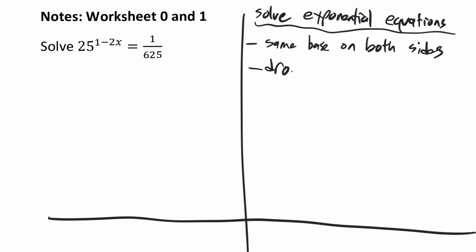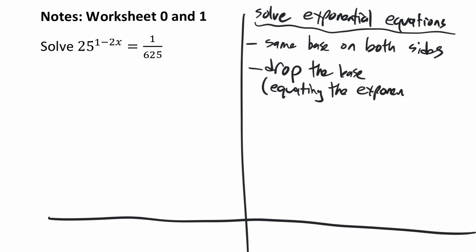Then we drop the base. Technically, what we're doing is we are equating the exponents, but it just sounds cooler to say drop the base. And then we solve the algebra.